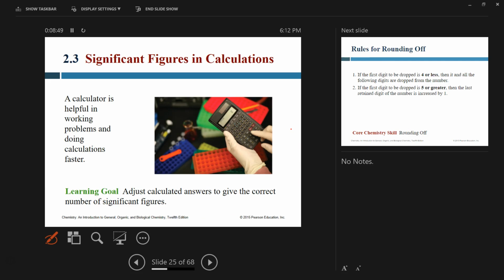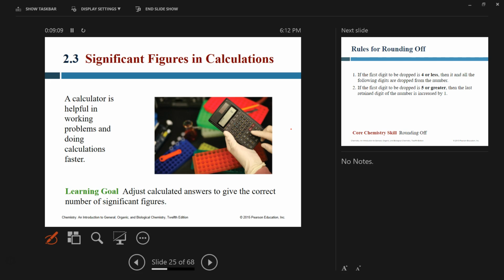Now, this is very important, and this is one of the sort of harder concepts because you will have to memorize the rules on how to do the calculations with the significant figures. That makes sense.